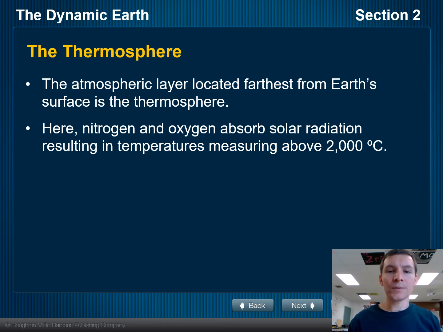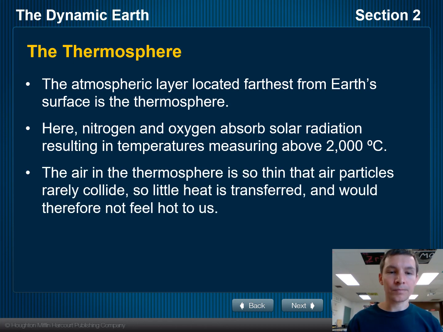The thermosphere is the atmospheric layer located furthest from Earth's surface. Here, nitrogen and oxygen absorb solar radiation. So now you've got these other gases doing something similar to what the ozone was doing, resulting in temperatures measuring above 2000 degrees Celsius. Not only that, but it's more in direct line with the sun and its rays.